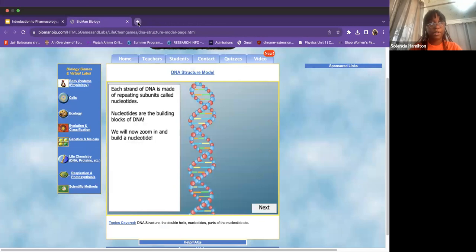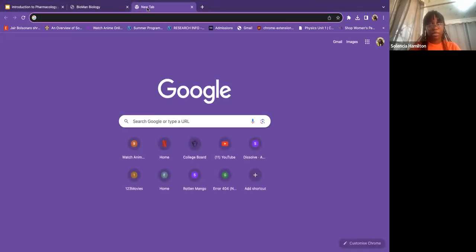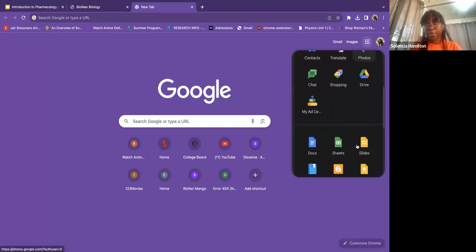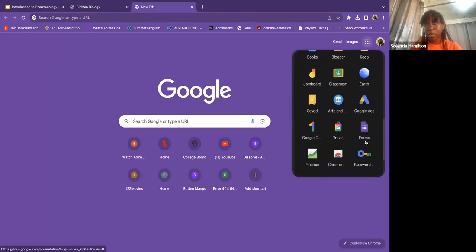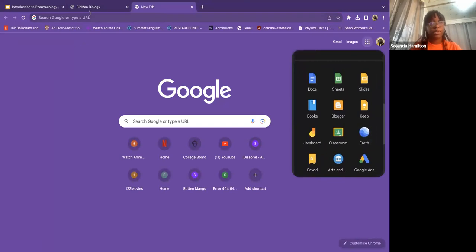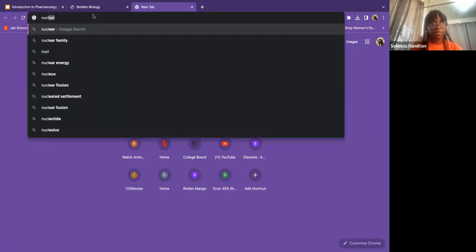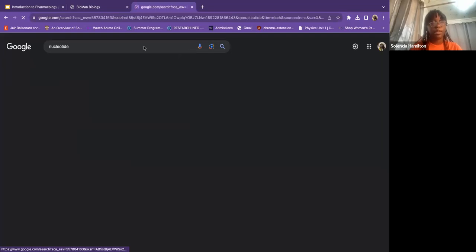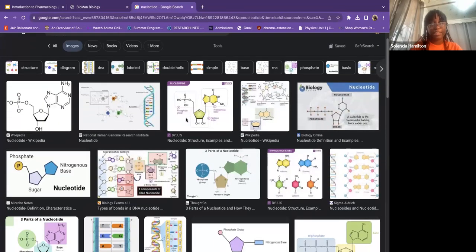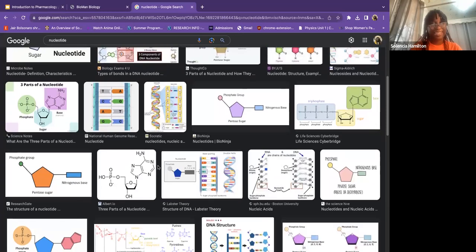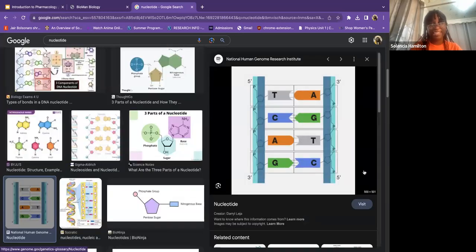Can I open a Jamboard on this right now? Let's give you guys more of an example. Better one. Oh, or I can show you guys just a simple image. Okay, let's look for the least complex one. Okay, so ignore all the chemical stuff.